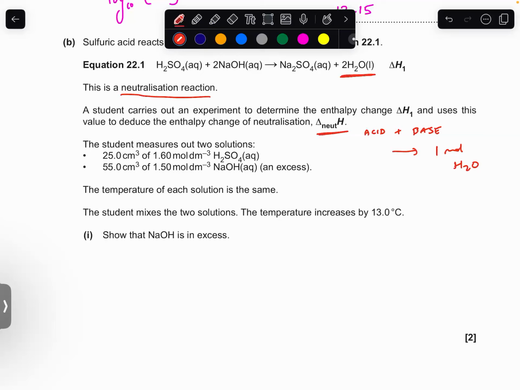It's asking, show that NaOH is in excess. So with NaOH, let's work out the moles. Let's convert to decimeters cubed and multiply by the concentration. This is for NaOH.